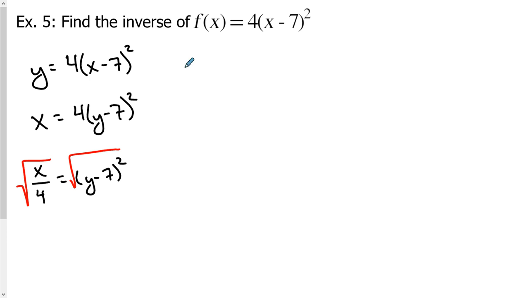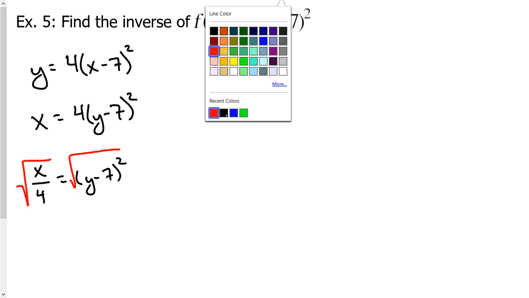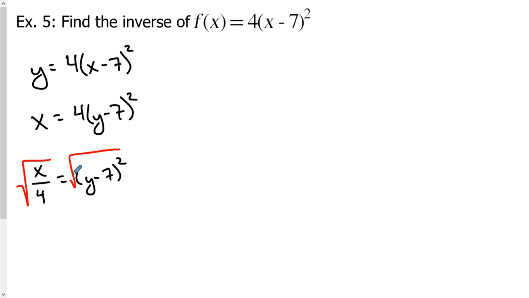And that's going to mean I need to remember some of my rules from earlier in the year with taking the square root of a rational. Remember, that means we do the square root of the numerator over the square root of the denominator. Those are inverse operations, so that'll be just y minus 7.